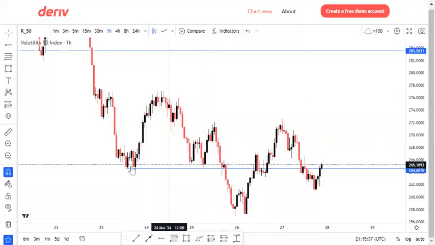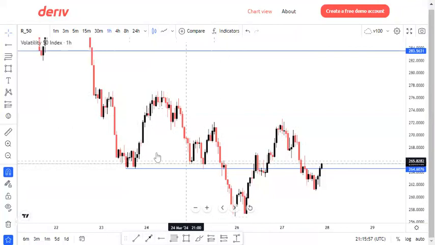Because you can see here the market didn't hold this level. It broke this level, and the level was very strong at the first time because it had a test and it had an impulse. Then the level was tested again and showed that it was strong, but look what happened.